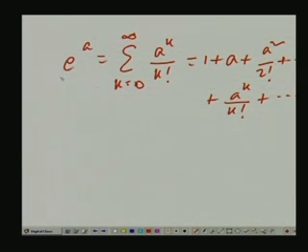I now differentiate the left hand side and also the right hand side with respect to a once, and then again one more time, that is twice.